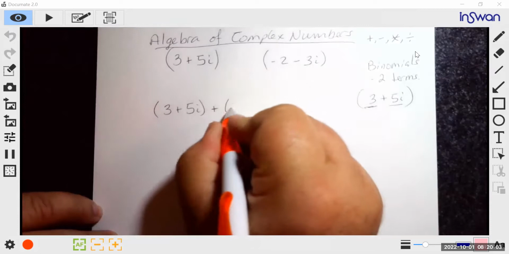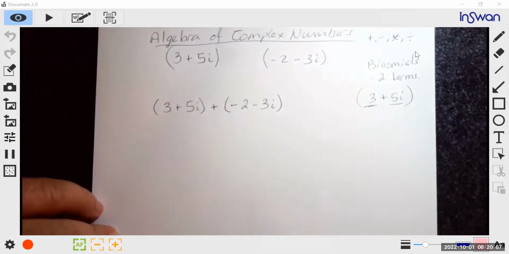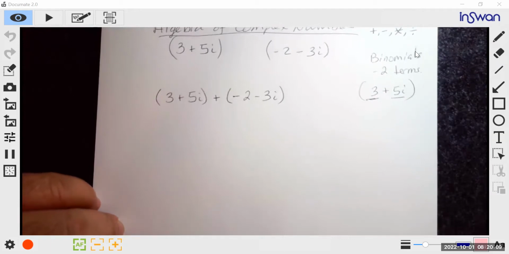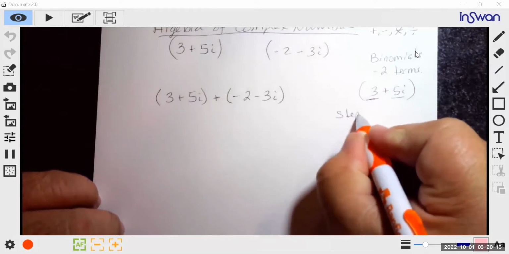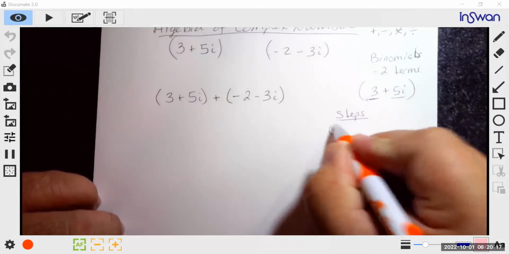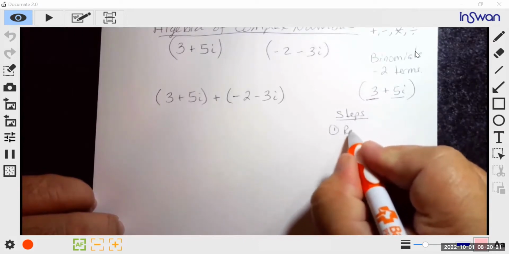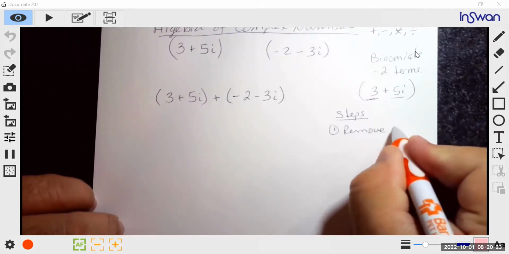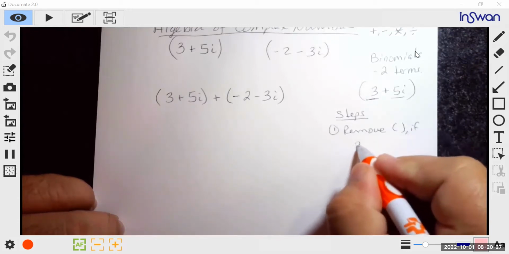Let's look at how we add and subtract complex numbers. Steps. Remove the parentheses if possible.